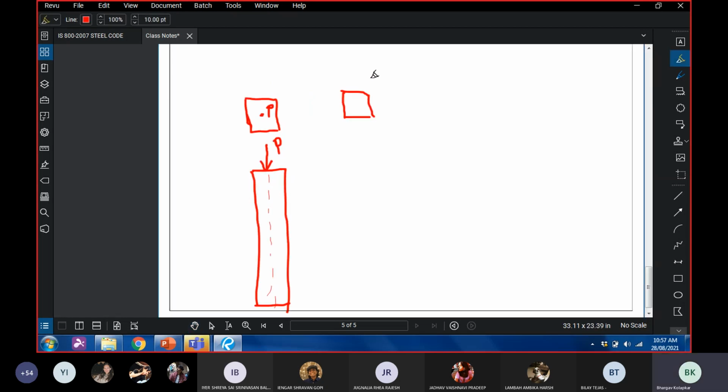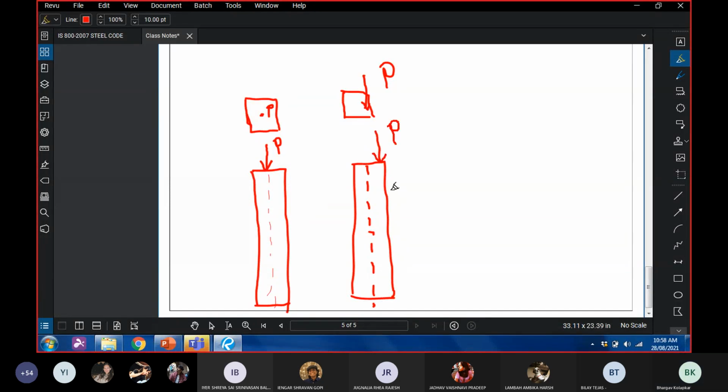Now what happens if the line of action of the force is here at this point? This is an elevation, and this is the axis of your member, and this is the line of action of the force. In addition to the axial force, there's also a moment.